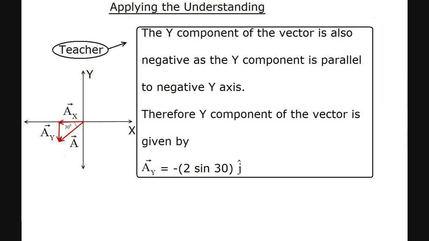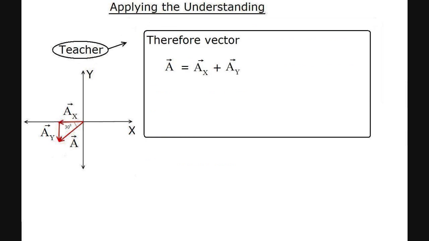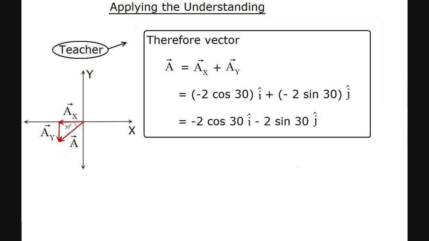Therefore, the y component of the vector is given by ay bar is equal to minus 2 sin 30 times j hat. Therefore, vector A bar is equal to ax bar plus ay bar, which is equal to minus 2 cos 30 times I hat minus 2 sin 30 times j hat.